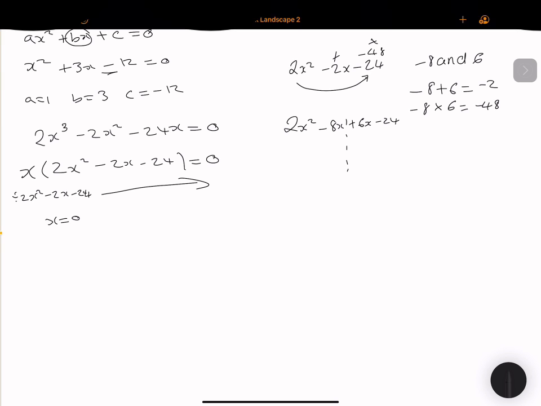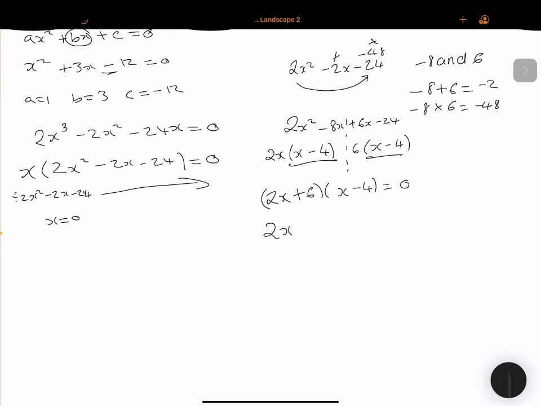So we're going to factorise, so 2x, and then we're going to factorise on this side. Check that they're both the same. Yep, so it's right. 2x plus 6, x minus 4 equals 0.